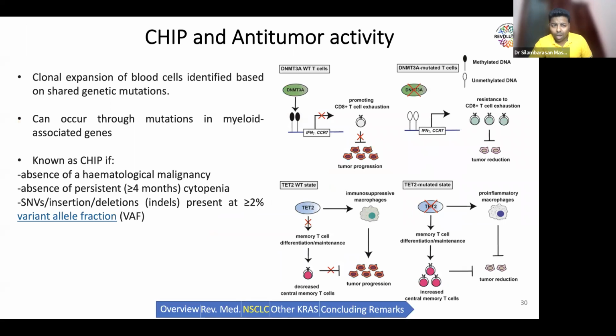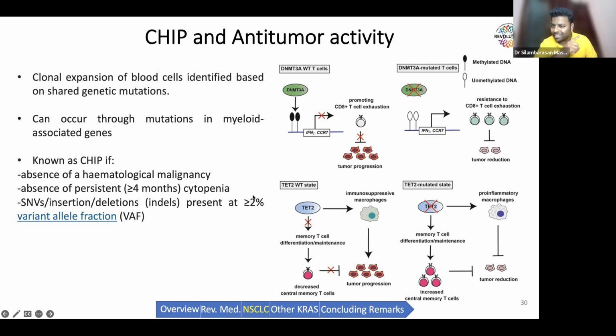So first, how do we identify whether this is important or not? Point number 1, whether these mutations occur in the absence of any hematological malignancy or cytopenia. If the patient has had no cytopenia for 4 months but this mutation occurs in that patient population also, there is a possibility of CHIP. The third point is whether the patient has an insertion or deletion kind of mutation in the ATM gene, CHEK2 gene, or another gene, with a variant allele frequency of more than 2%.